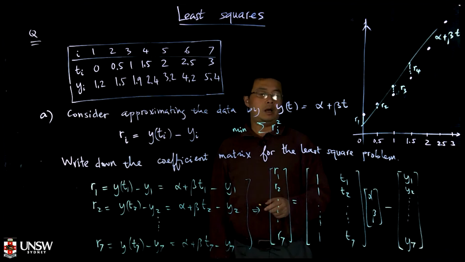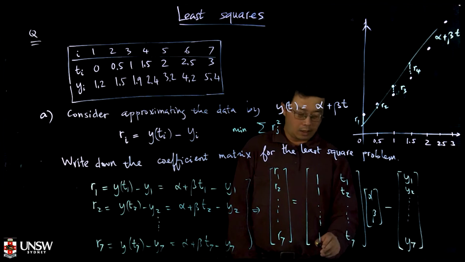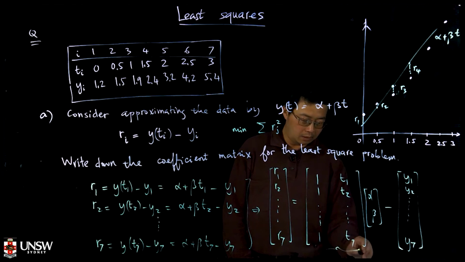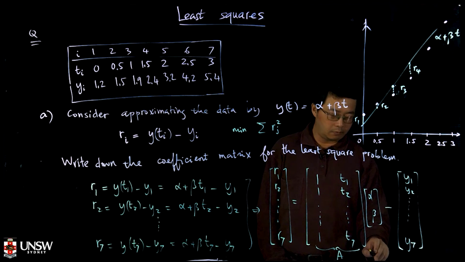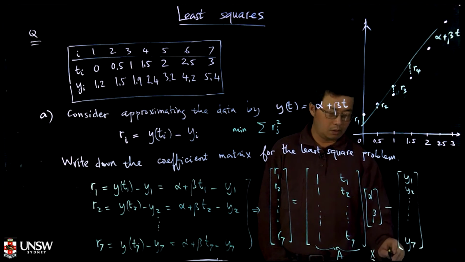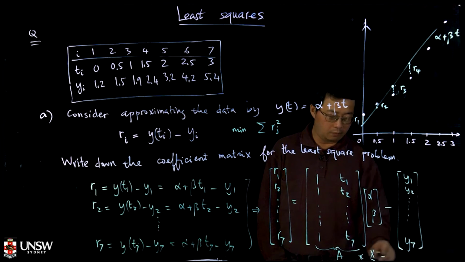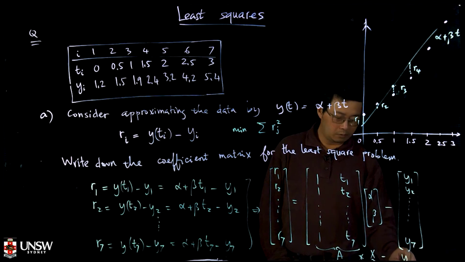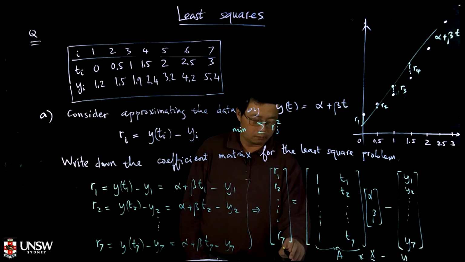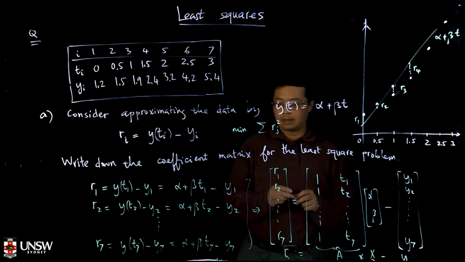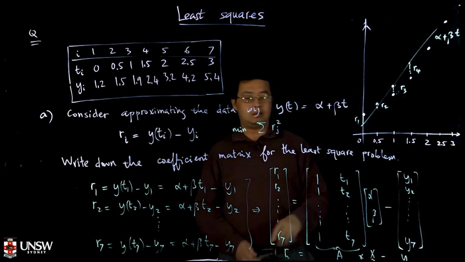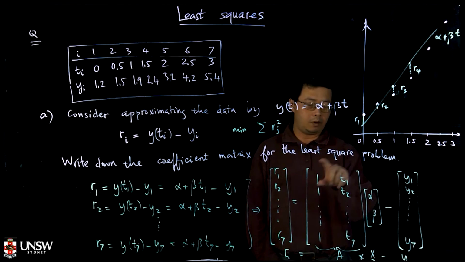And you can label this matrix as A, and relabel the unknown coefficients as a vector X. So you can multiply A with X minus Y, and this is the residual vector R. Essentially we have identified the coefficient matrix of the least squares problem.